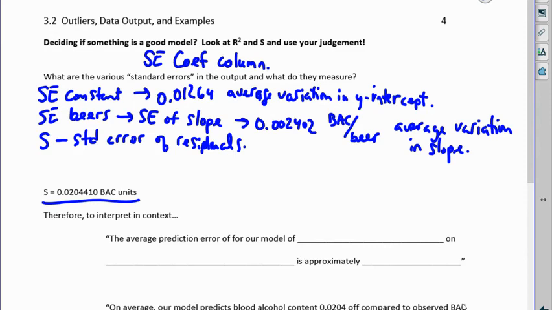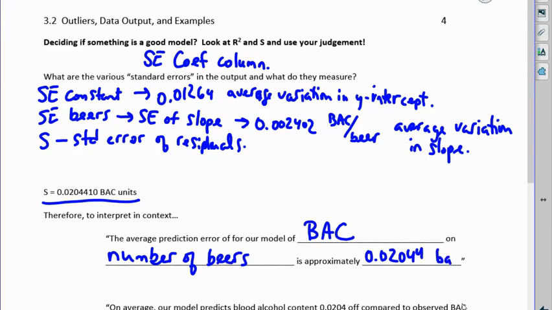The average prediction error for our model of blood alcohol content on number of beers is approximately 0.0204 BAC units.